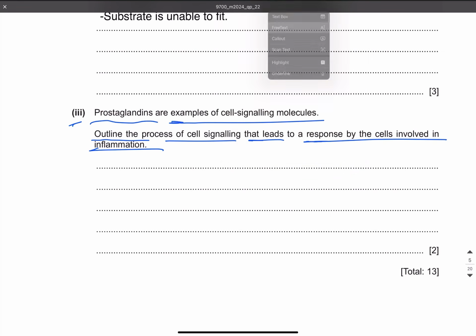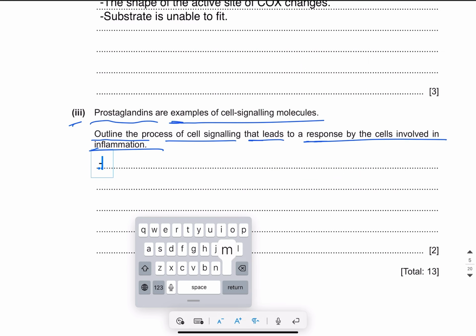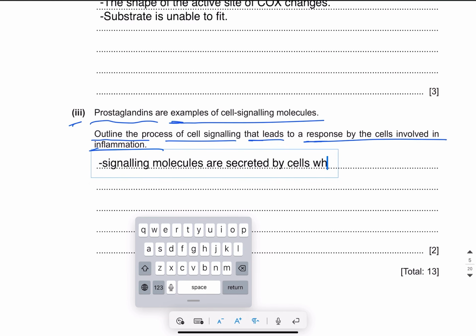You will simply say that in a cell signaling event, signaling molecules are released or secreted by cells. For example, over here, prostaglandins are secreted by cells.